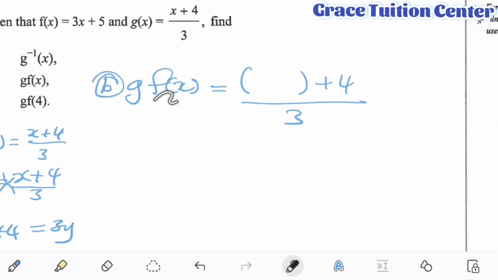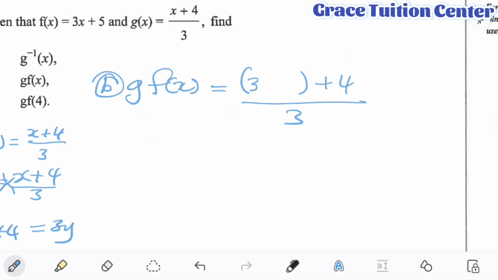So you can see that f of x is the second function. Because f of x here is the second function, we're going to get f of x, which is this one here, and put it where there's x in the g function. So that's why it's called gf of x. We get f of x and put it in the g function. So where there's x here, that's why I left this space. That's why I didn't write x here. I'm supposed to put the function for f.